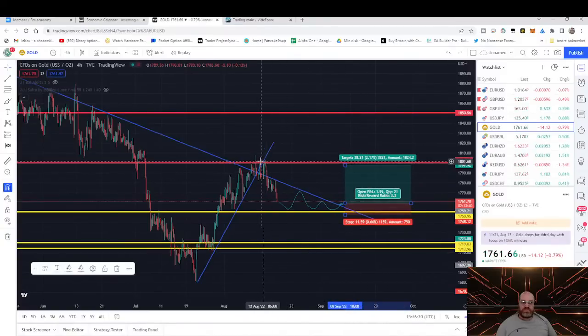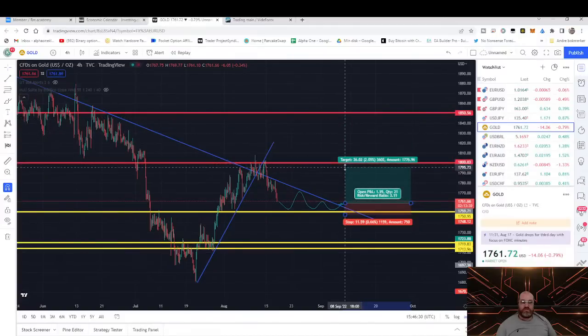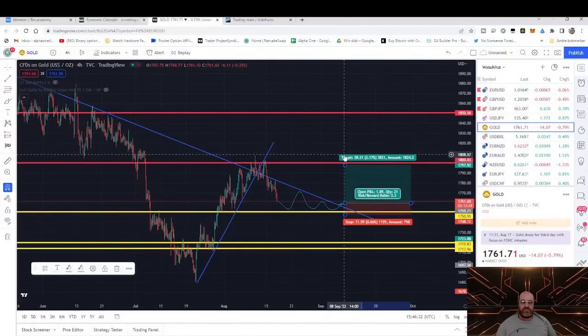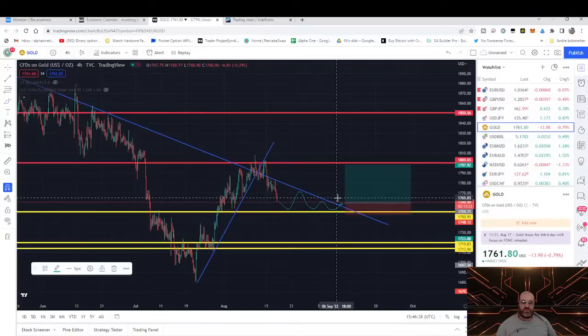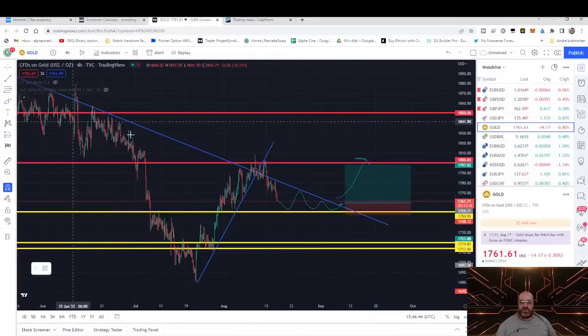Because we see that this resistance here, the 1800 level, is very strong, so we will not target up here, we keep to here, and if we see that we go to take profit and we see that we continue and we close above here, perfect, then we take one more trade.